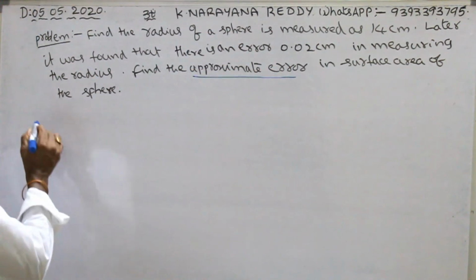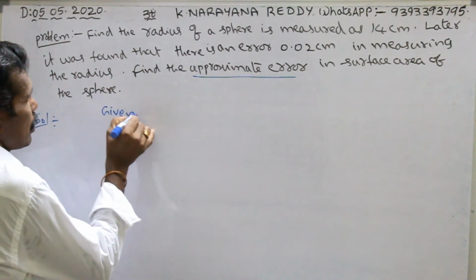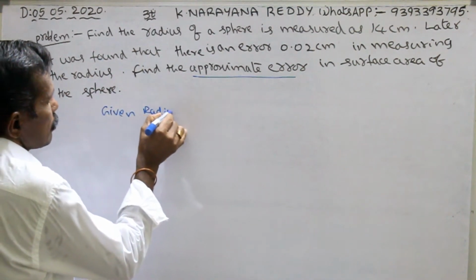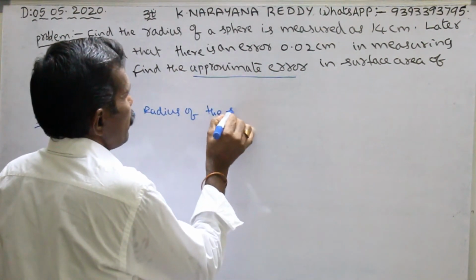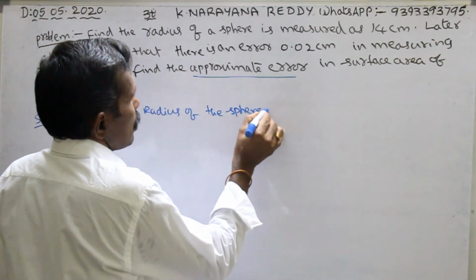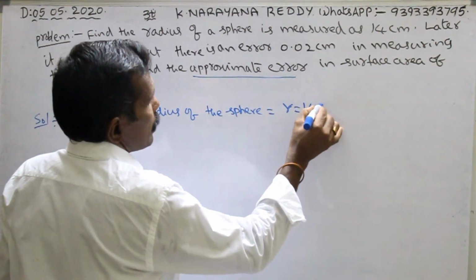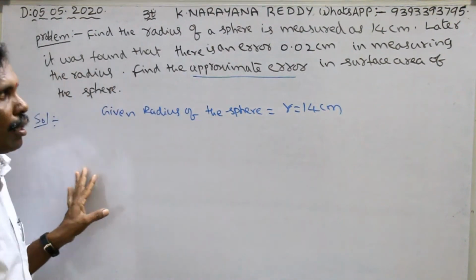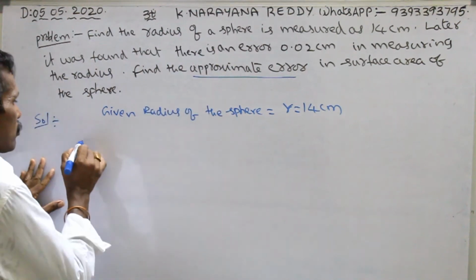Okay, see the problem. Given: radius of the sphere R equals 14 centimeter. What is the infinitesimal value of R?